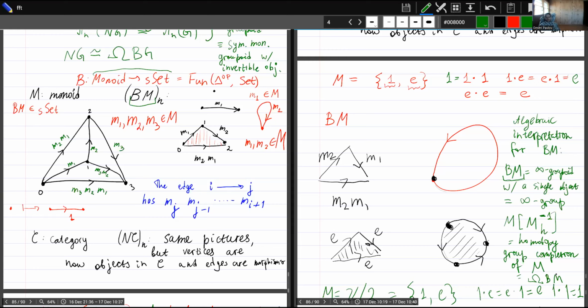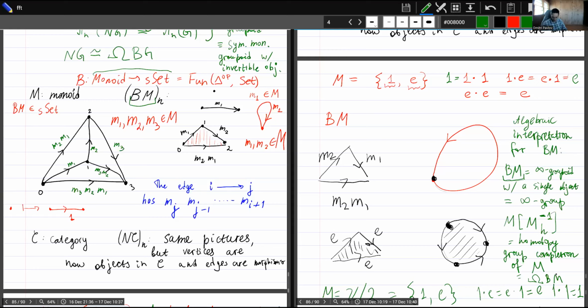However, it is possible to have monoids that are not groups whose homotopy group completion is an ordinary group, and it is also possible to have monoids that are not groups whose homotopy group completion is an infinity group that is not an ordinary group. So in some cases you can get higher homotopy groups, and in some other cases you don't get higher homotopy groups. But if you start with a monoid that is already a group, then you don't get anything new. You just see the same group back.